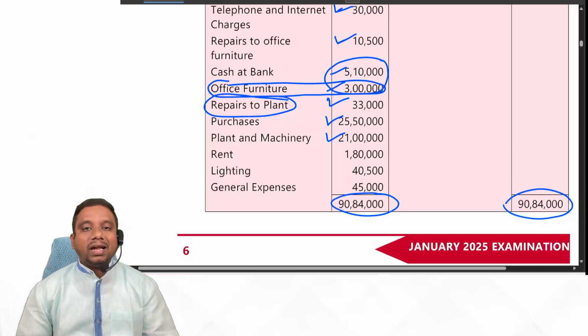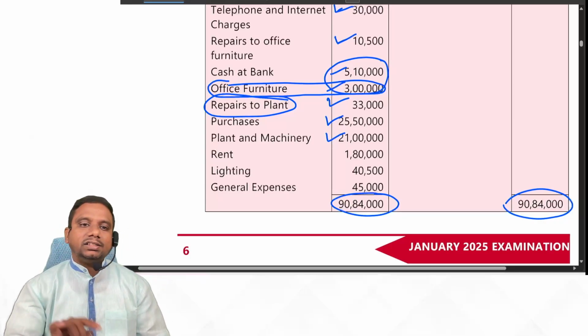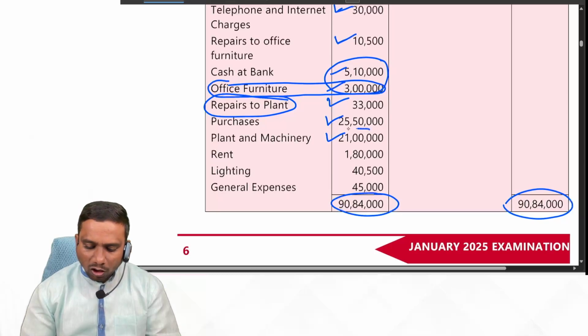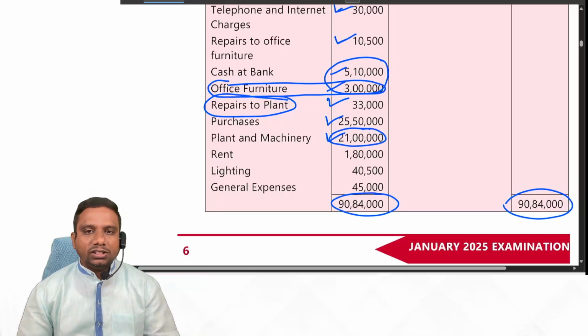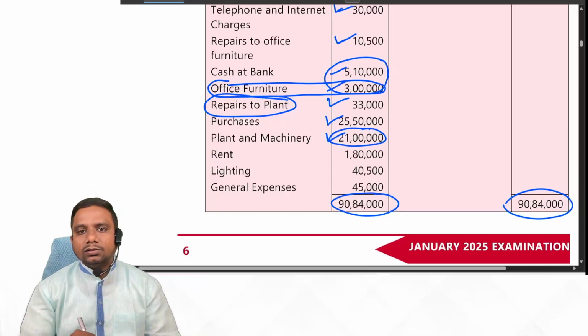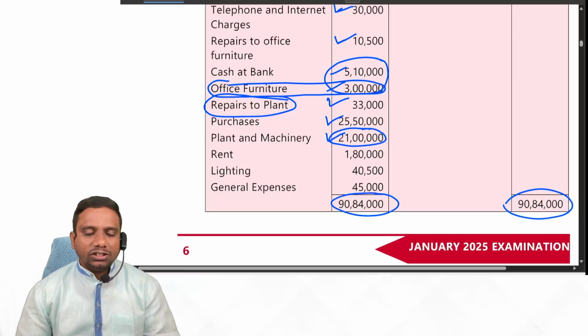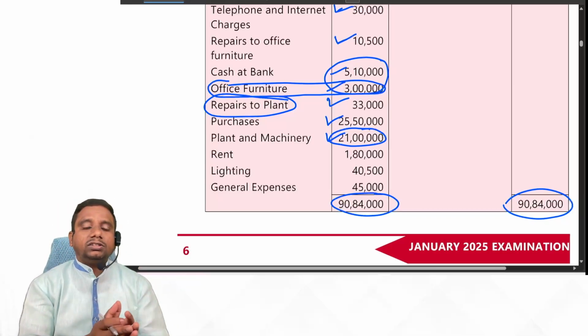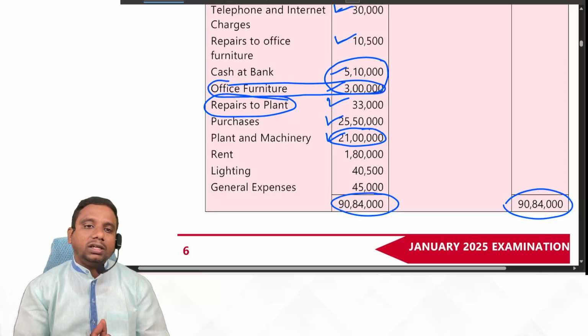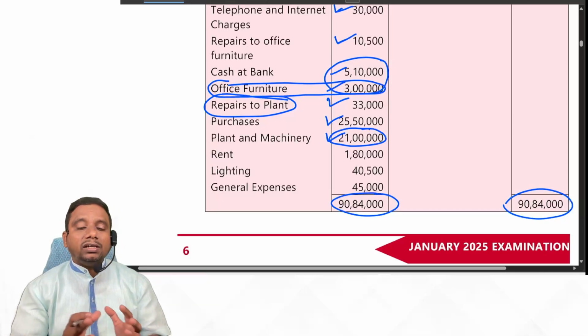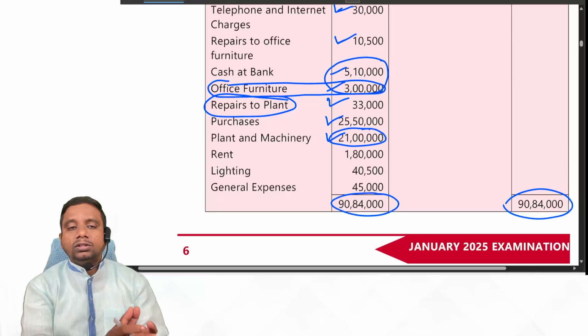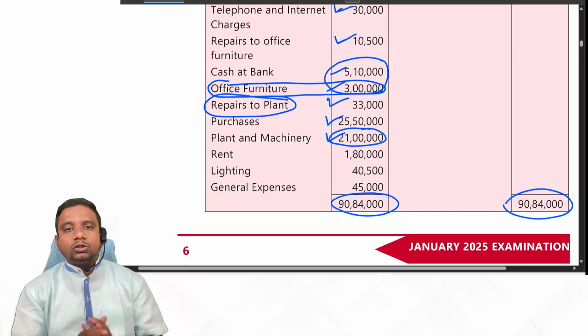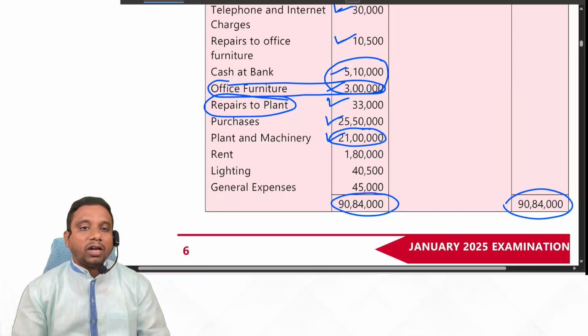Next one. Plant and machinery is an asset shown on the assets side of balance sheet. Observe, on plant and machinery we have 10% depreciation, 2 lakh 10,000 rupees. Generally, depreciation on plant and machinery we transfer to the P&L account. Here, the plant and machinery is being used in the manufacturing process, so this is transferred to the manufacturing account.